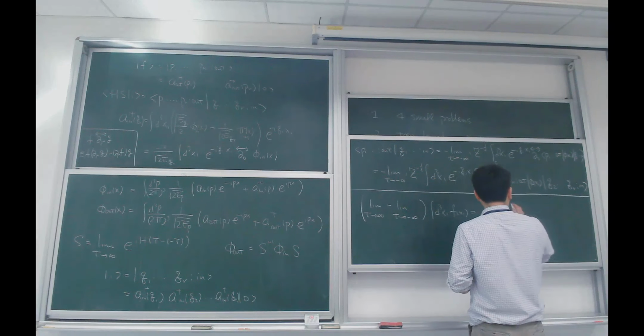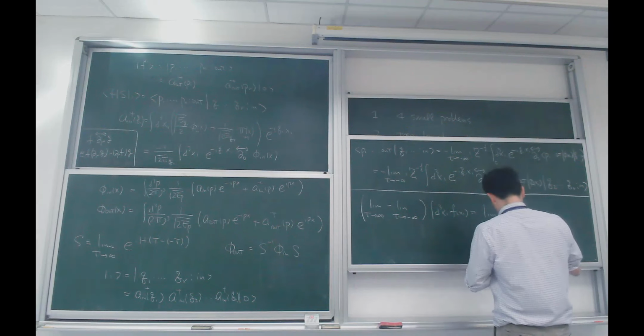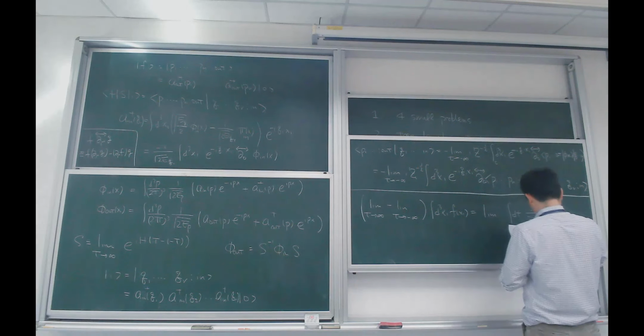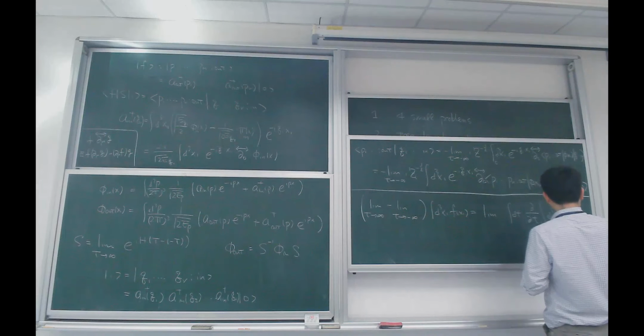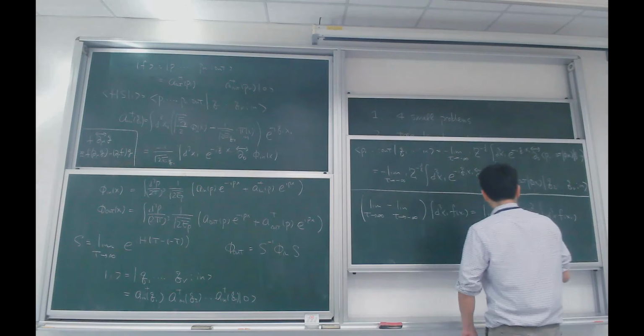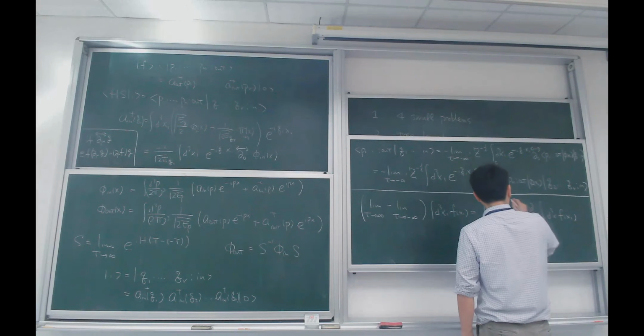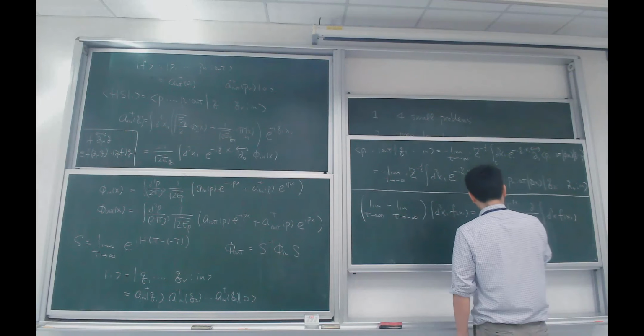You can add the time integral dt and partial t dq x f of x1, and then t initial, t final, and t initial goes to minus infinity, t final goes to infinity.